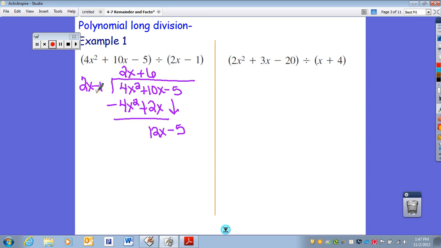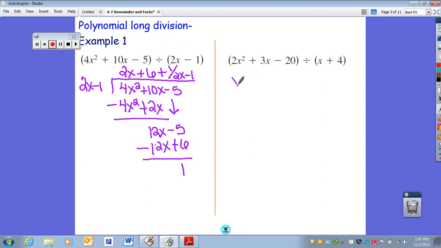So 6 times 2x is 12x, and 6 times negative 1 is negative 6. But I need to remember to subtract, which changes that to a positive 6. So when I combine like terms, I have one remainder, and it's a positive 1. So I'm going to put my remainder 1 over my divisor, which is 2x minus 1, and that's how you write the remainder.